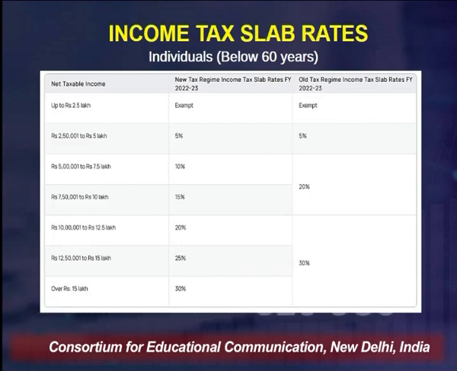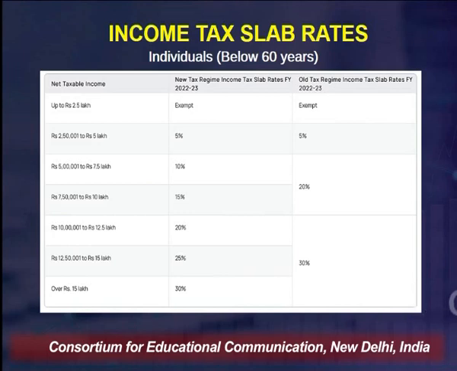Under the old tax regime structure, for individuals below 60 years of age, income is exempted up to rupees 2,50,000. That means for all individuals below 60 years of age, income up to rupees 2,50,000 will be exempted.